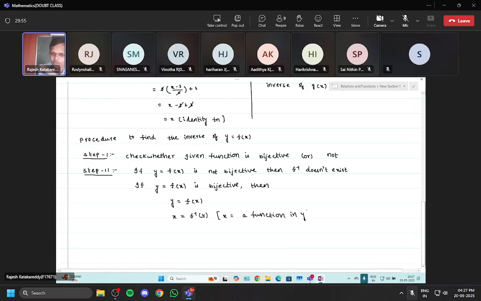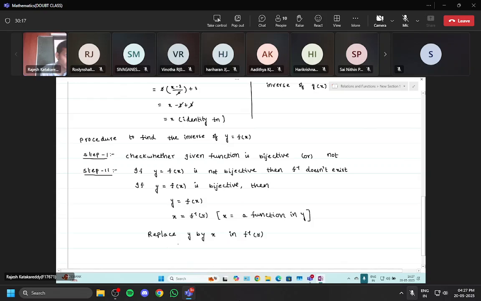If I can do that, I have already found f inverse of y. Now what I need is f inverse of x. For that, replace y by x in f inverse y.